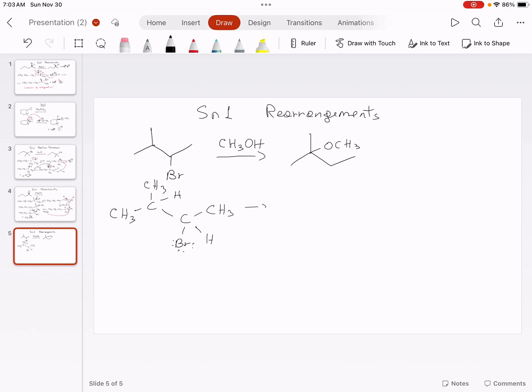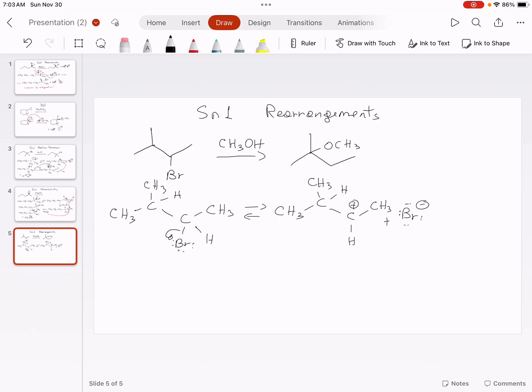The first step is still the same. Being a unimolecular type of mechanism, we have a carbocation formation. So we get a relatively stable secondary carbocation, and bromide leaves.